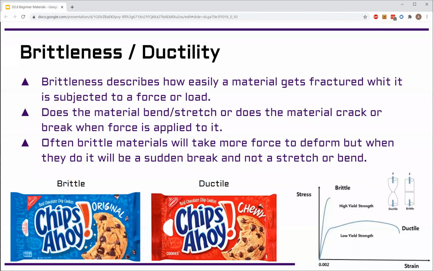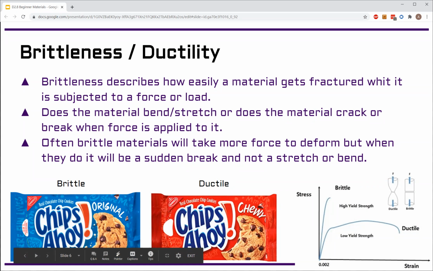Or does the material kind of stretch apart as it's going, and then eventually snaps apart? You can imagine pulling apart, say, a cookie. If you have a brittle original Chips Ahoy cookie, when you go to snap it, it just snaps cleanly in half.